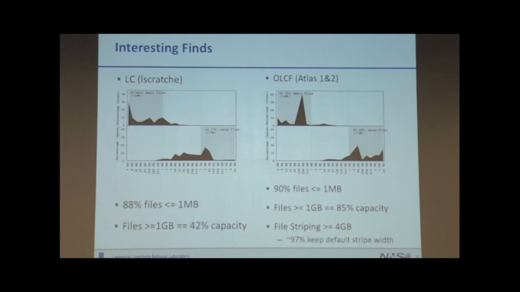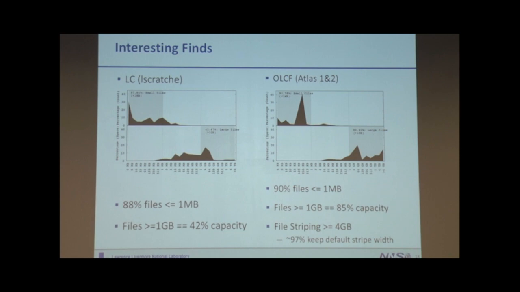Some other interesting finds. These are two charts from a paper that Faye presented at SC in November. The one on the left is one of our file systems, LScratch E. You can see we have a lot of small files. I think 88% of the files are less than or equal to a meg, but 42% of the usage of the file system in this case is from larger files greater than a gig.